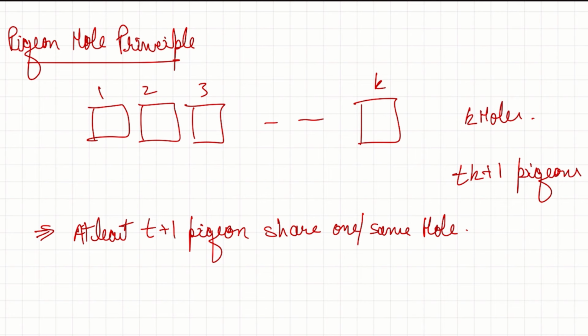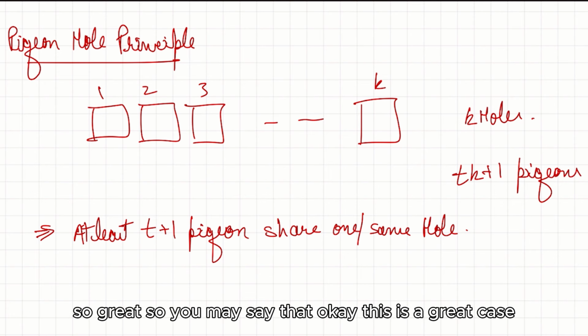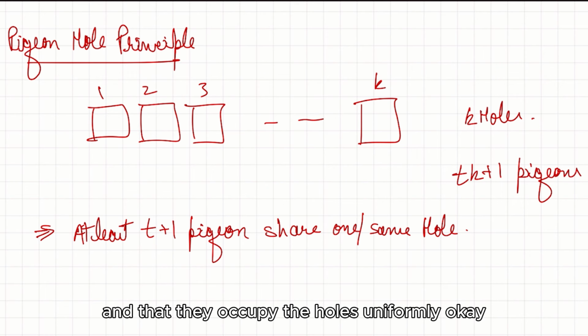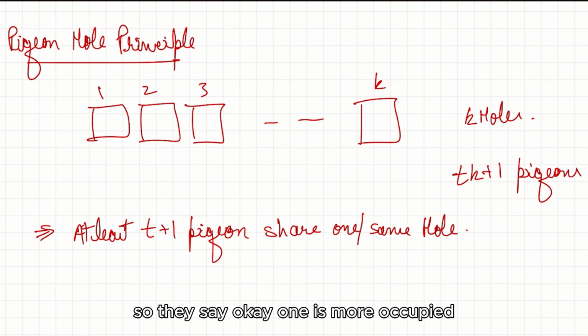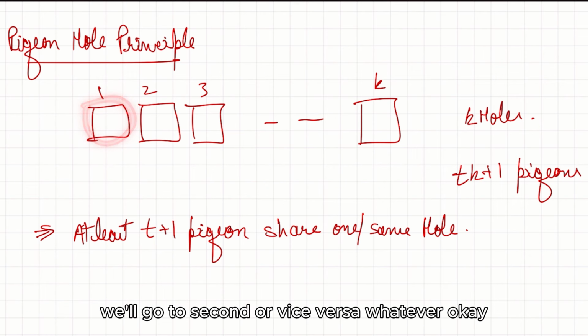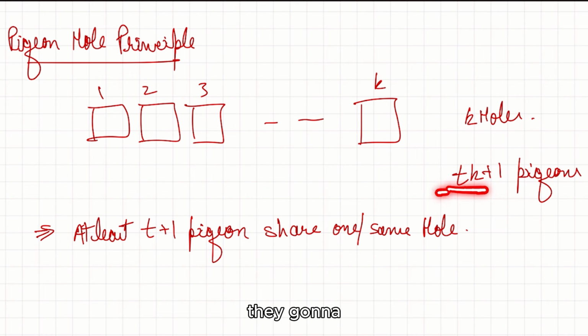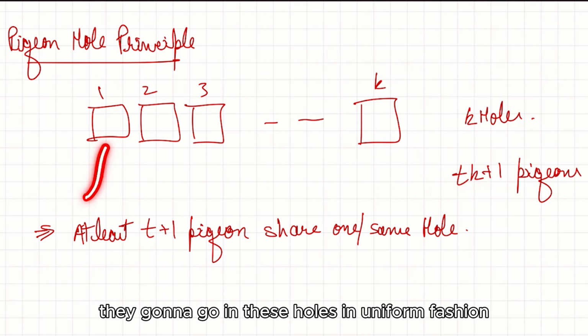Great. You may say that this is a great case, but it's a very easy case. Let's try to find out the worst case. The worst case is that the pigeons are very sensible and they occupy the holes uniformly. If one is more occupied, they'll go to the second, and vice versa. So the first tk pigeons are going to go into these holes in uniform fashion.